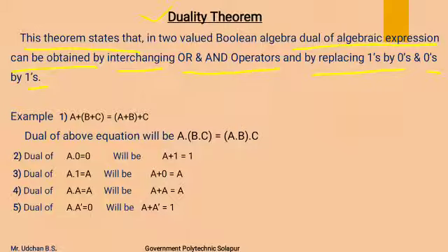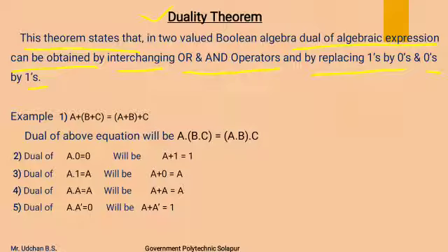In this we are going to replace an OR operation by an AND operation and an AND operation by an OR operation. Again we are going to replace binary 1 by a 0 and binary 0 by a 1 in the given equation.